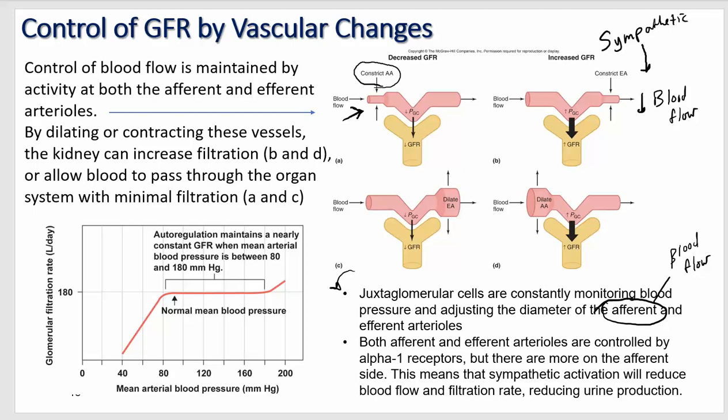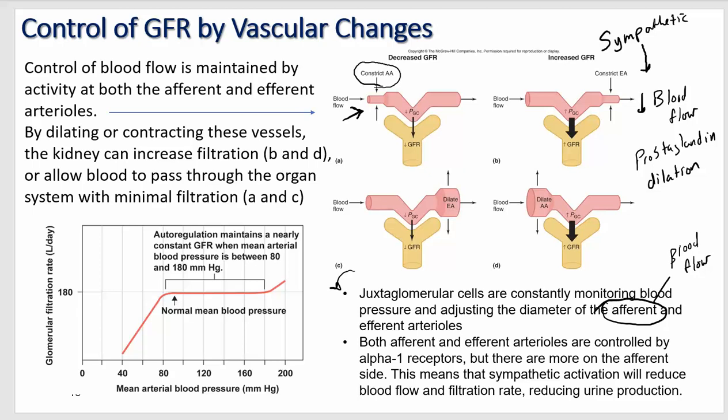So then what can happen is there's this molecule called prostaglandin, which causes dilation. Now normally prostaglandins are just associated with inflammation, but in the kidneys they can cause some vasodilation. And so they preserve that GFR.